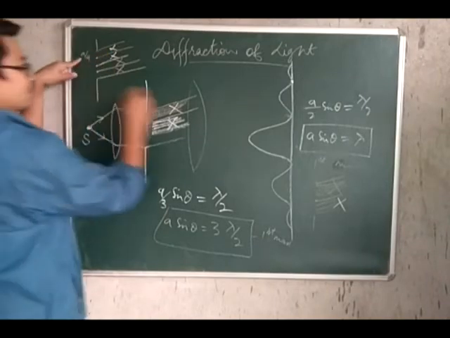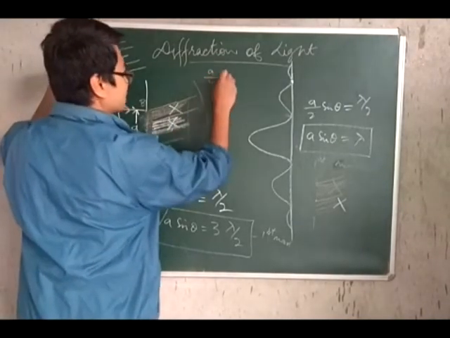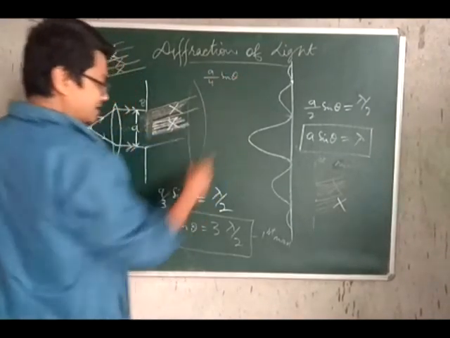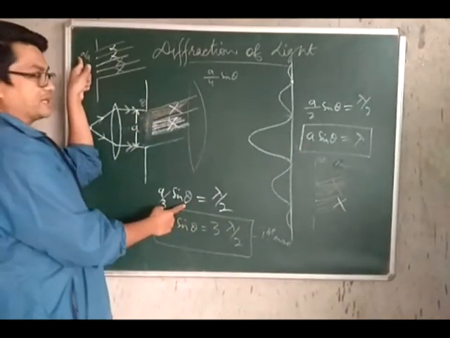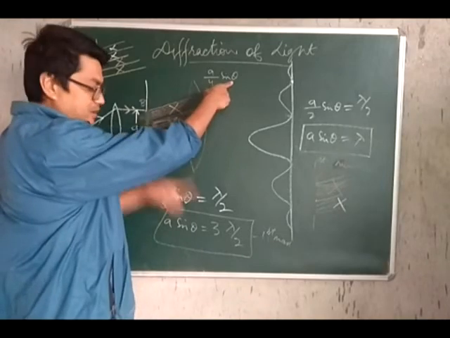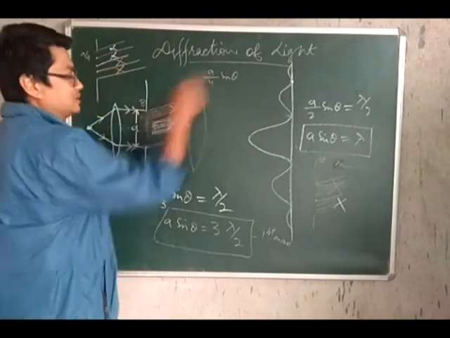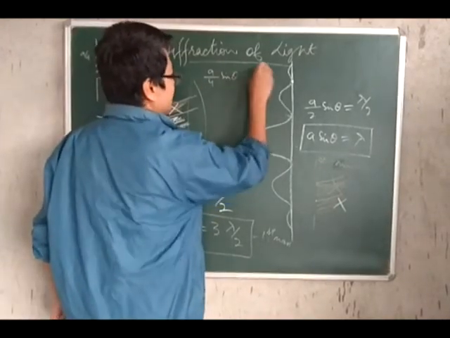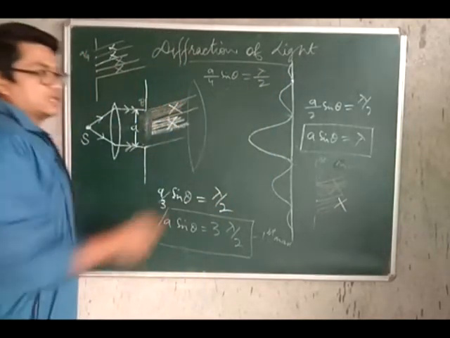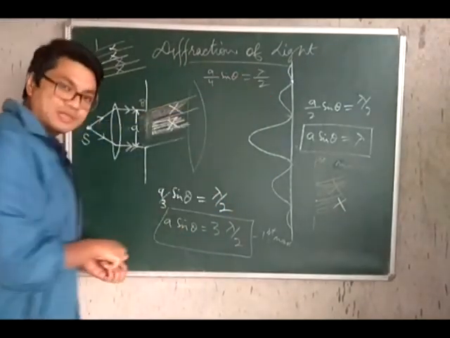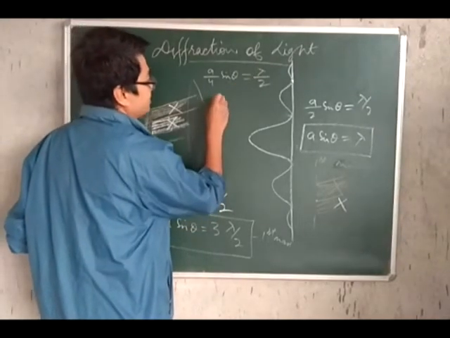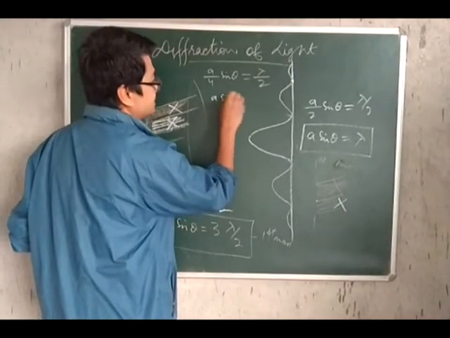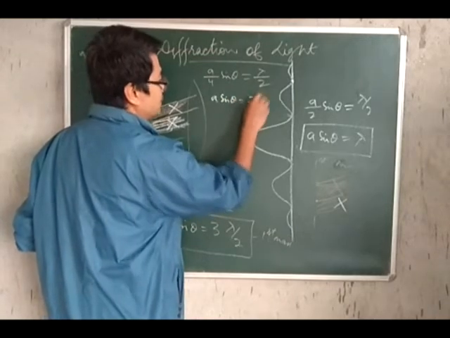The path difference will be a by 4 sine theta. All of these thetas are different, remember. This is the smallest theta, then this is a bit bigger, and this will be bigger than these two. So if the path difference is lambda by 2, then we get the second dark fringe, and thereby the condition is a sine theta is 2 lambda.